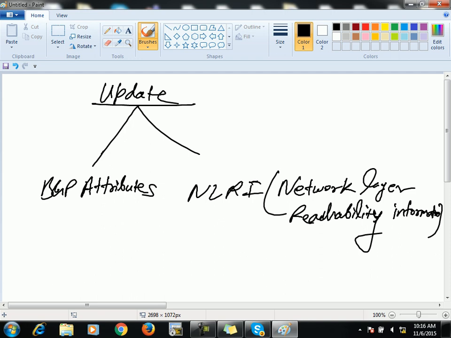BGP attributes are those criteria used by BGP for its best path selection. So an update will carry first the BGP attributes, second the NLRI, network layer reachability information.